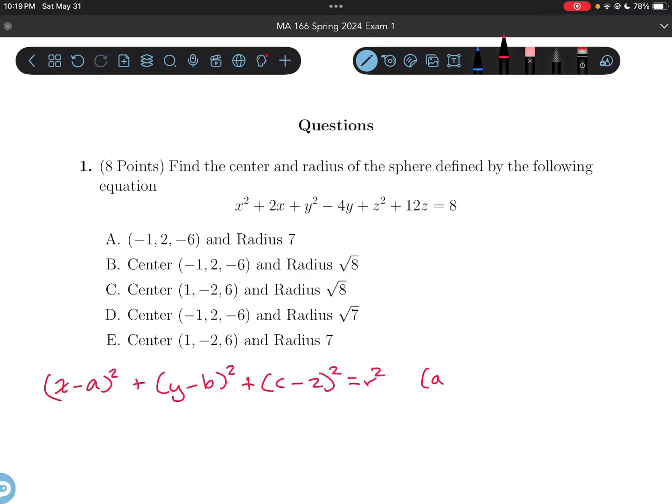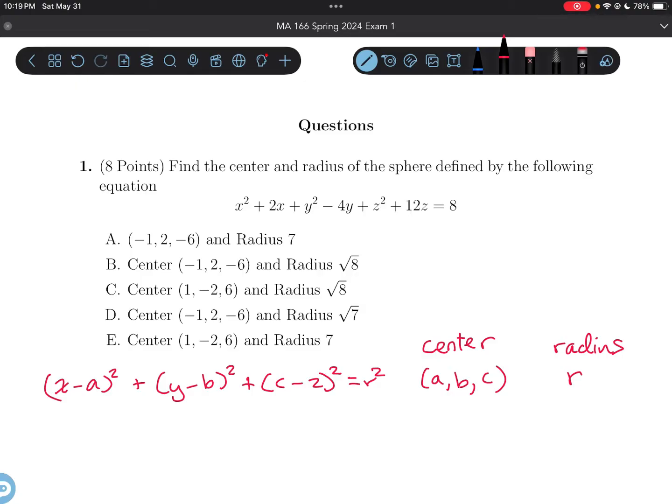And a, b, c, and r are constants, where (a, b, c) is the center of the sphere and r is the radius. So we can find the answer to this question if we take the equation that they gave us in the problem and convert it to this form.